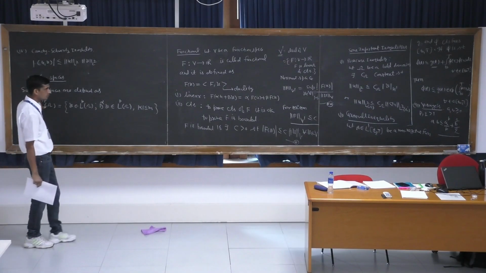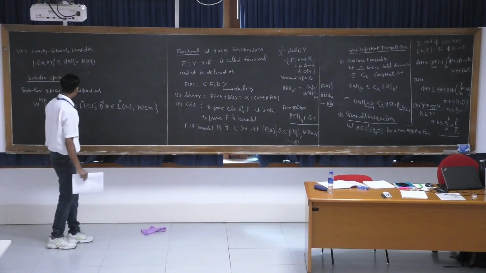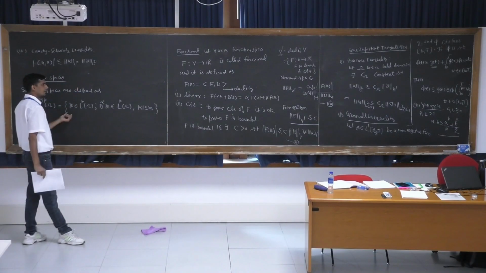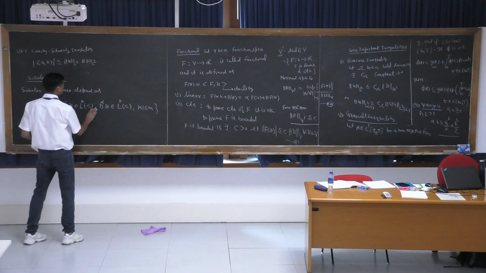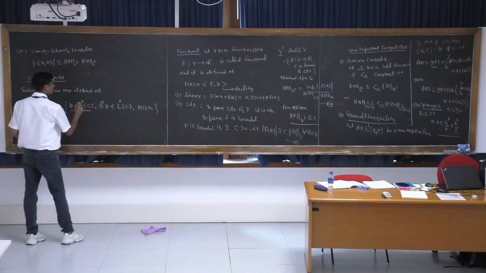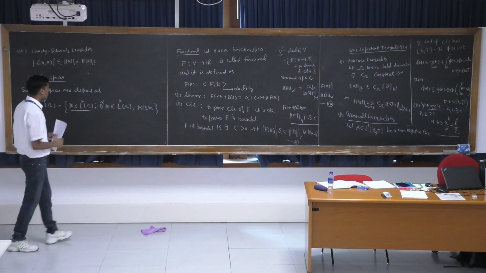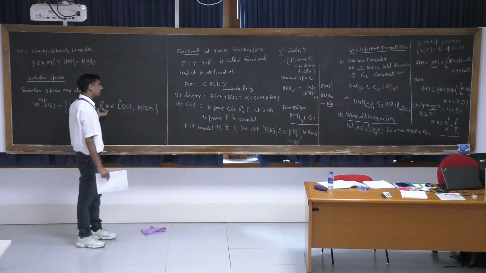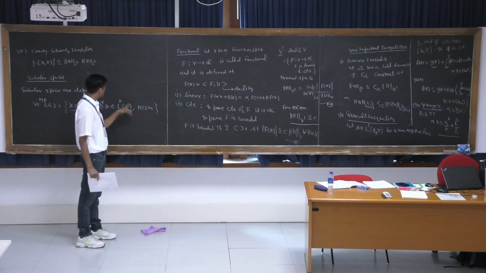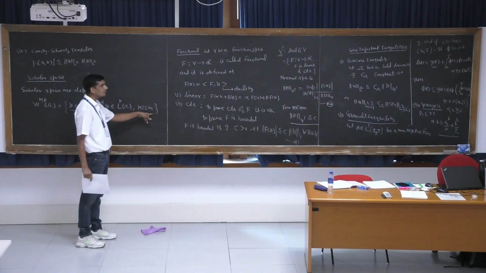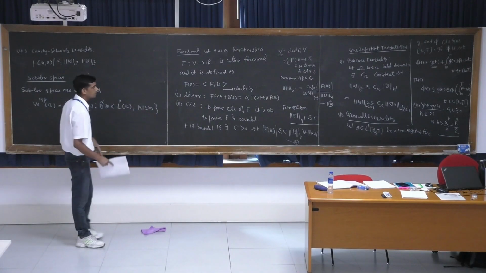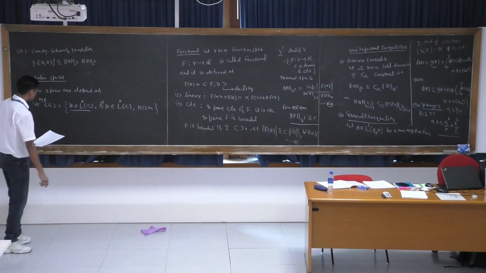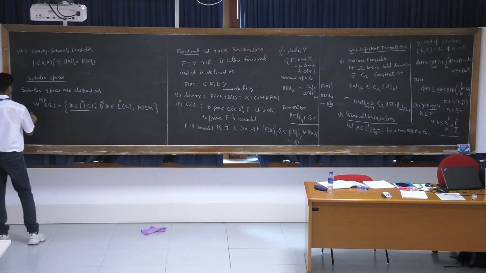Suppose I am saying m is equal to 2, this means that this space contains those functions which are from L^p space and whose weak derivatives up to order alpha, with mod alpha less than or equal to m, are also from the L^p space.